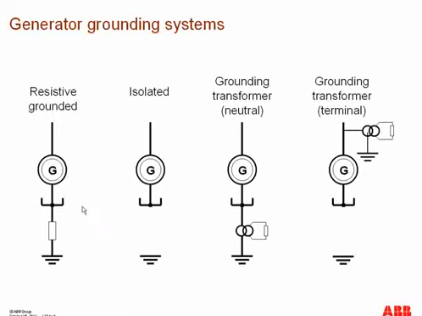So here, a resistance is placed between the generator neutral point and the ground. And this resistor is normally in kilo ohms, sometimes 1 kilo ohm, 1.5 kilo ohm, sometimes like this. And this resistive grounding is normally the practice of grounding the generators in our IEC world.